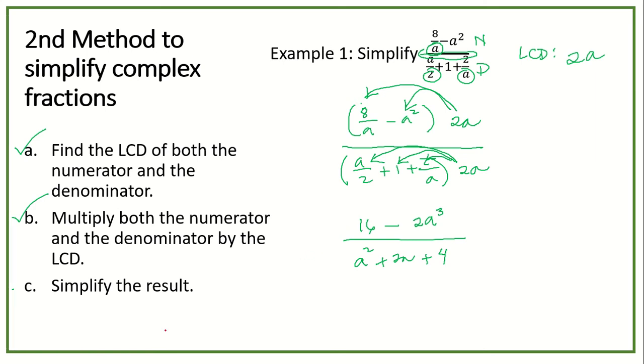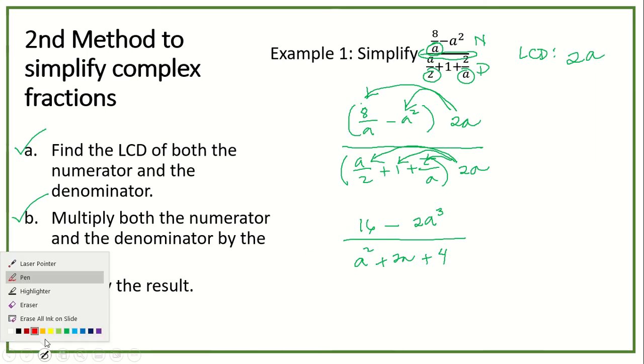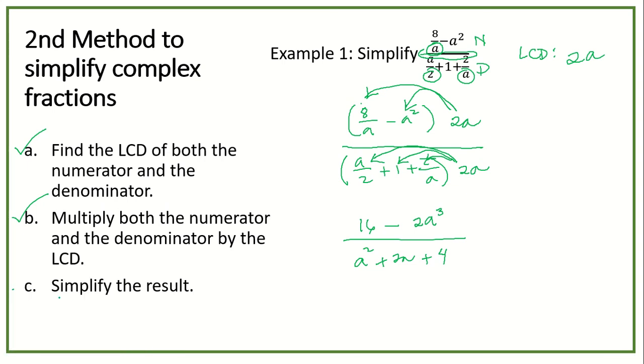So GCF pa pala tayo. Diba palaging GCF yung unahin natin. So if you factor out 2, that would be 2 times the quantity of 8 minus a cubed.